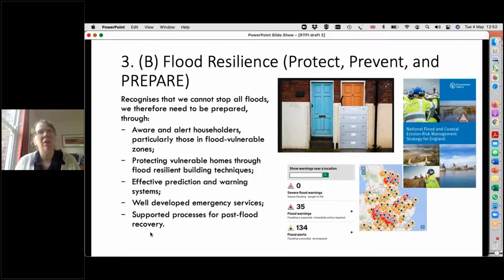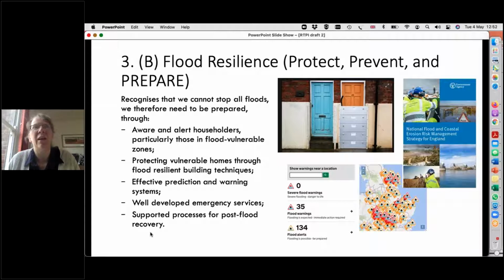And then alongside flood risk management, and it's perhaps slightly more recent, so flood risk management was really championed in government documents from 2004, 2005 onwards, whereas flood resilience has really become central to government discourse since 2020 and is very important in the way we talk about things now.